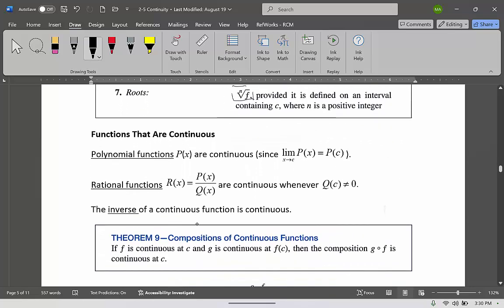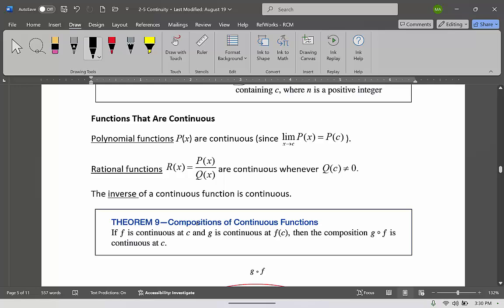Okay? So functions that we know are continuous everywhere are going to be polynomials. So any polynomial function is continuous, since we know that the limit as x approaches c of a polynomial function is just p of c. And similarly, we know for a rational function, it's the quotient of two polynomial functions, so it will be continuous as long as the denominator is not equal to 0.